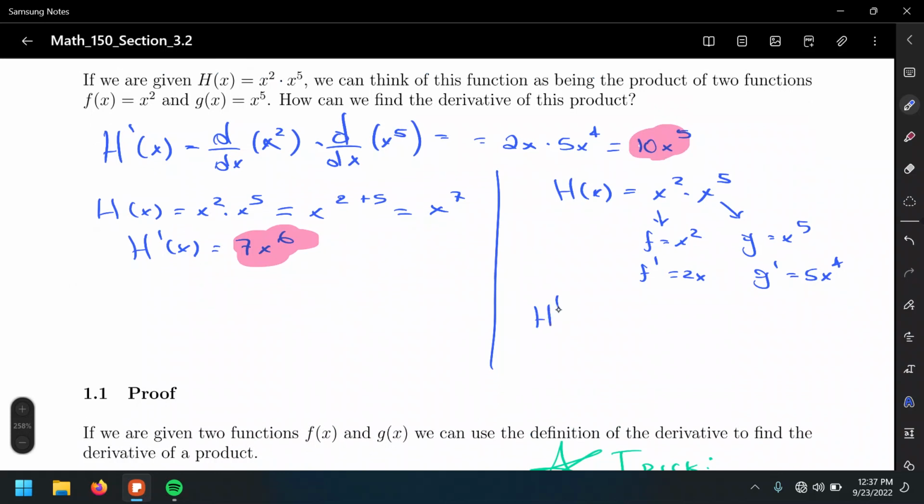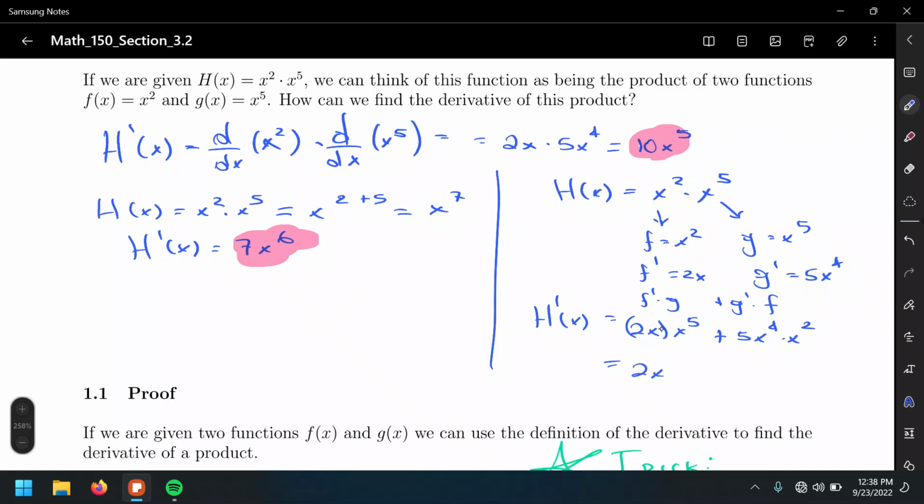So h prime is f prime g plus g prime f. So f prime, which is 2x, times g, which is x to the fifth, plus g prime, which is 5x to the fourth, times f, which is x squared. Simplify each term.